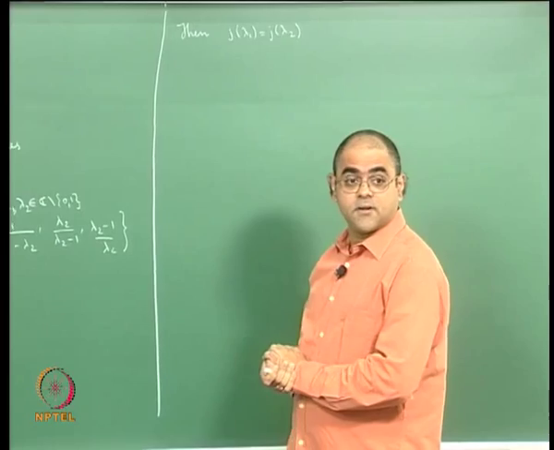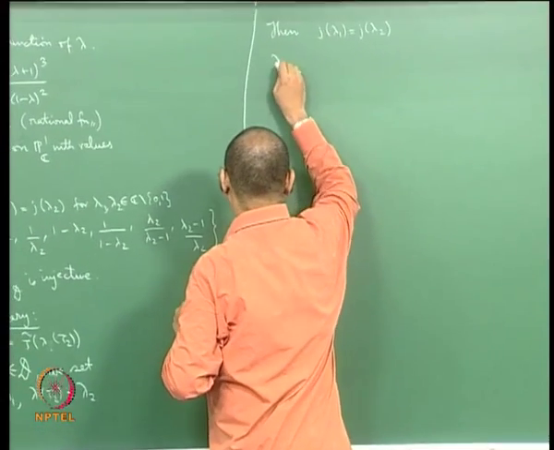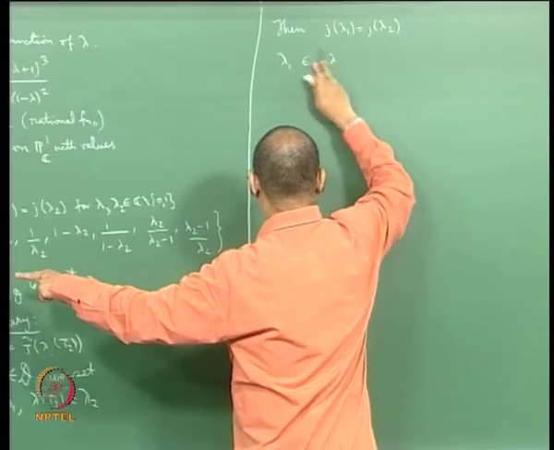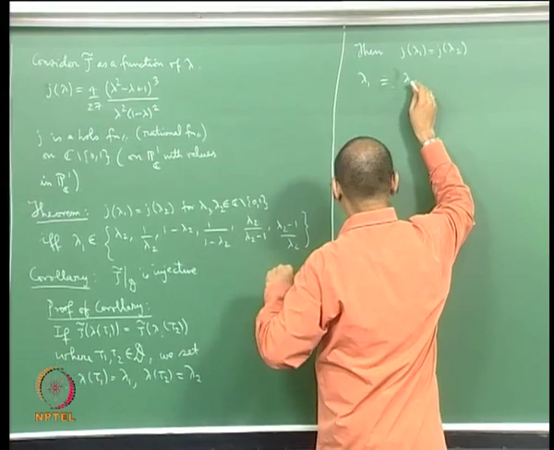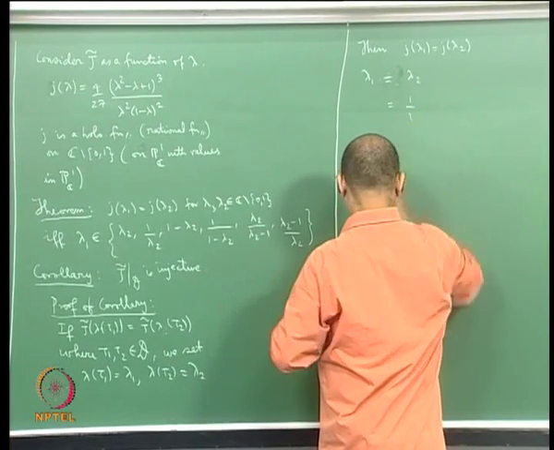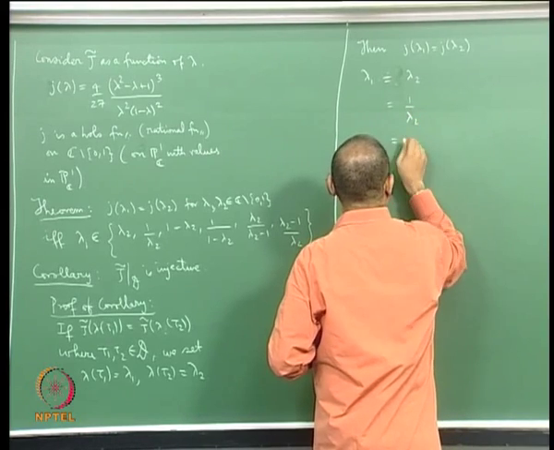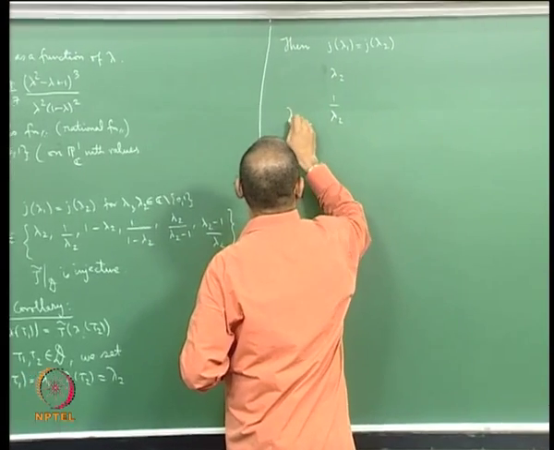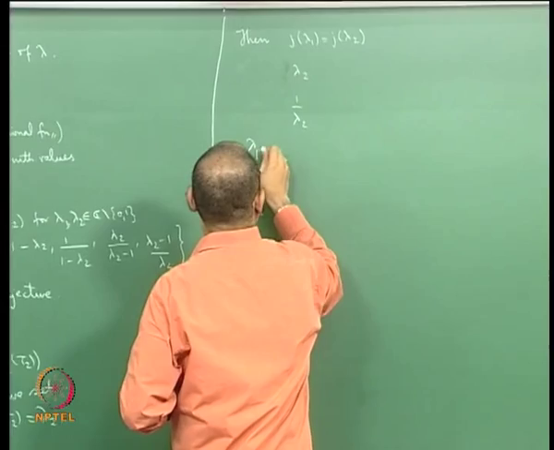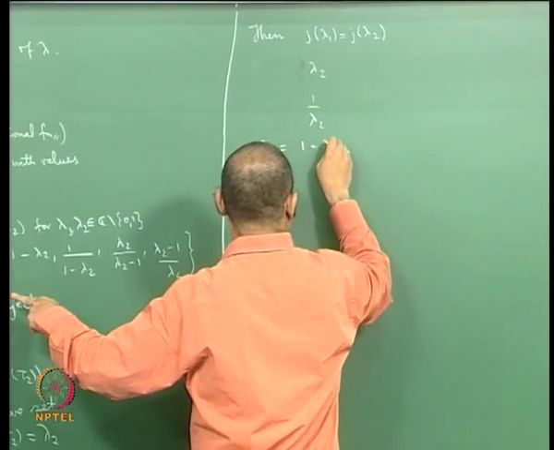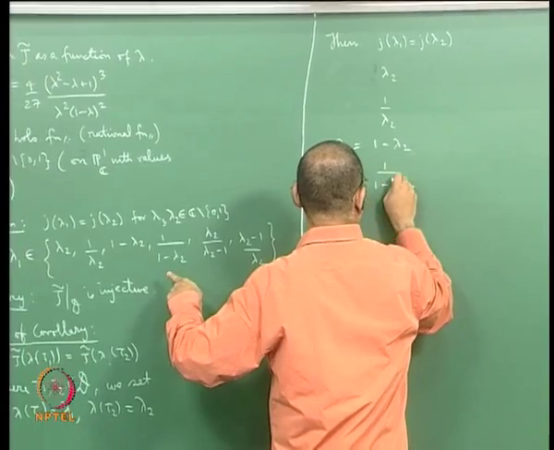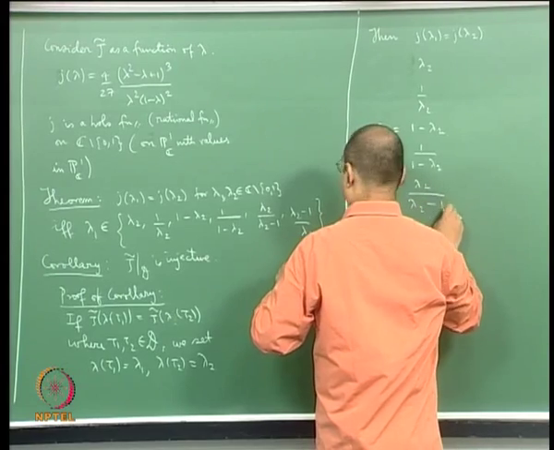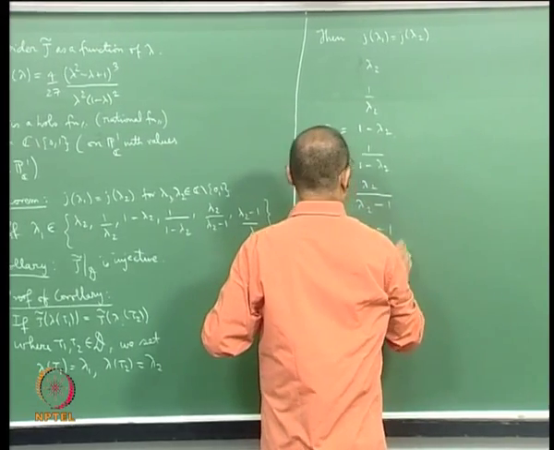So you get j of lambda 1 equal to j of lambda 2, so what you will get is that lambda 1 belongs to all these things, I mean lambda 1 is equal to lambda 2 or it is 1 by lambda 2, or so these are the various possibilities, so let me write out all those possibilities: lambda 2 by lambda 2 minus 1, lambda 2 minus 1 by lambda 2.